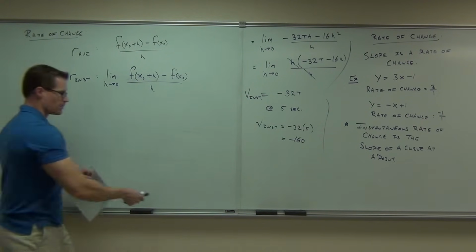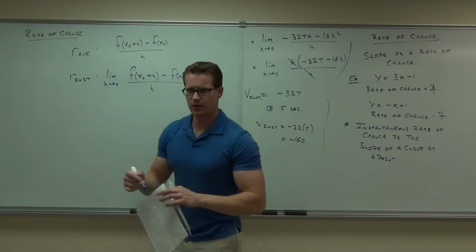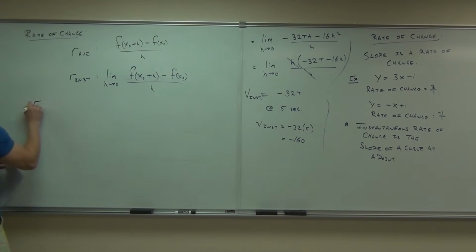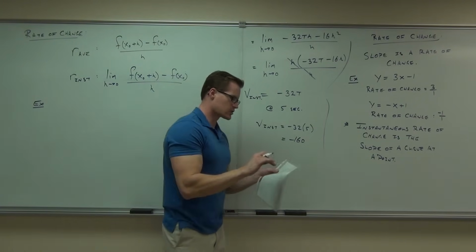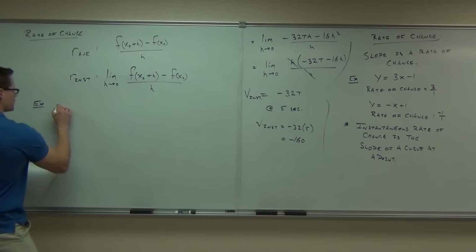Well, I'm not going to do this problem for you, but I would like to set up, just talk about it a little bit. Let's say that I have a problem to find the average and the instantaneous rates of change of a curve.